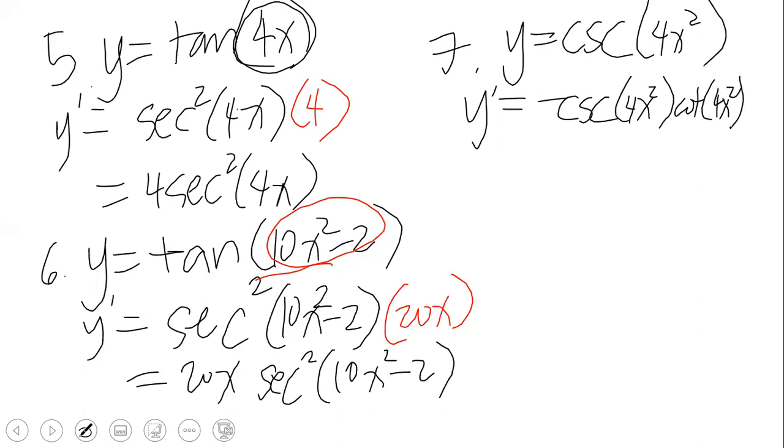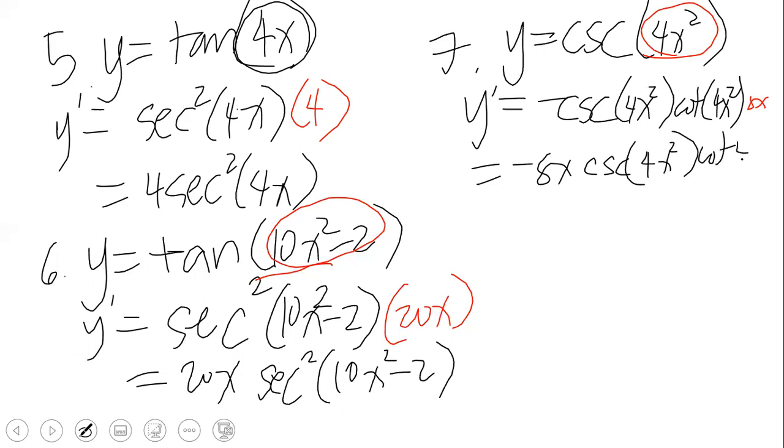Then the derivative ng angle, yung angle na 4x squared, that will be 8x. So rewrite na lang natin, and that will be negative 8x cosecant angle 4x squared cotangent 4x squared.